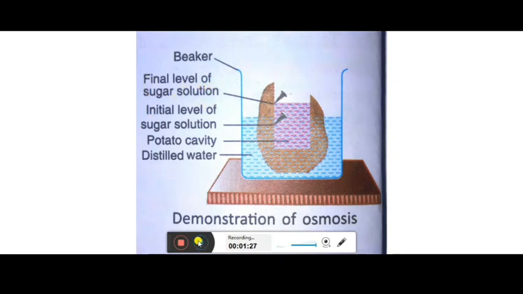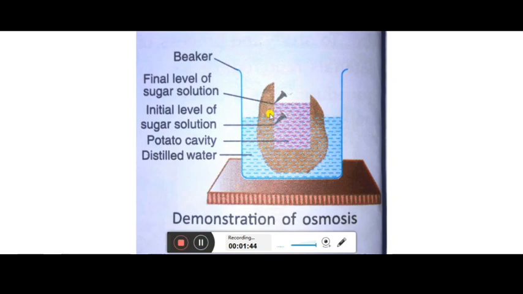So children, what is the conclusion of this? The level of sugar solution rises because of the entry of water, distilled water, from the beaker into the sugar solution.